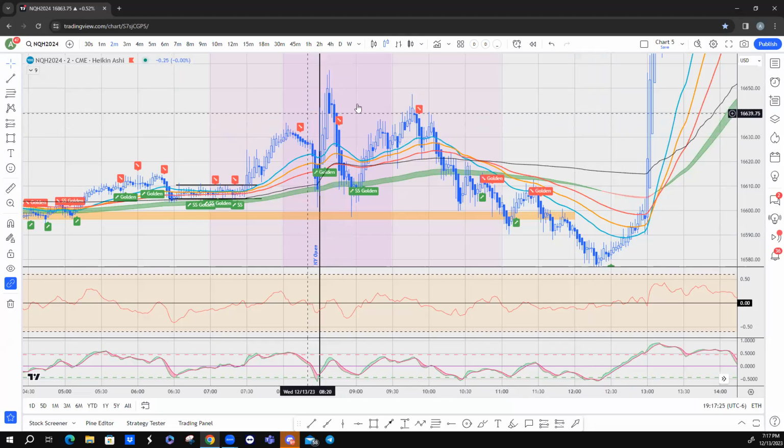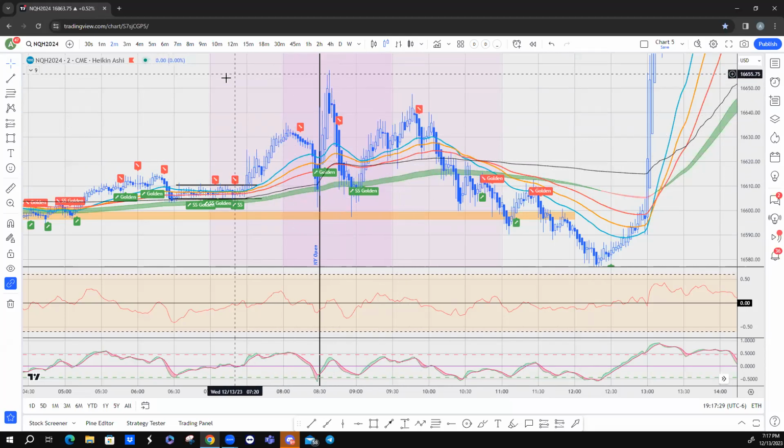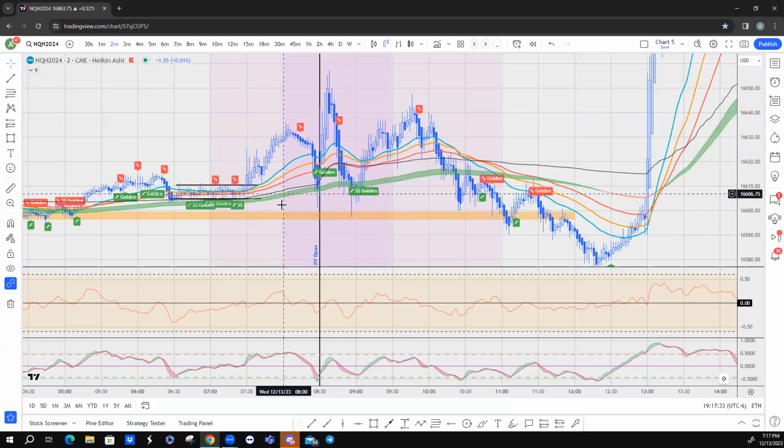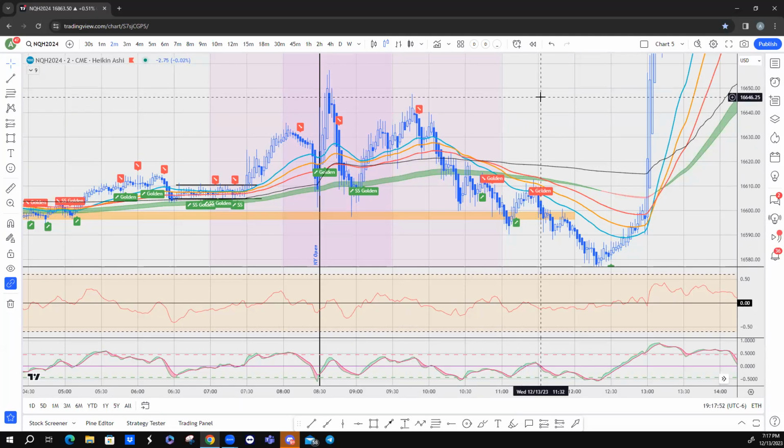One of the reasons I like to trade the open is that I like to trade within the darker shaded color, which is from 8 o'clock to about 9:30. The light color here is 7 a.m. to 11 a.m. These are all Central Standard Times.